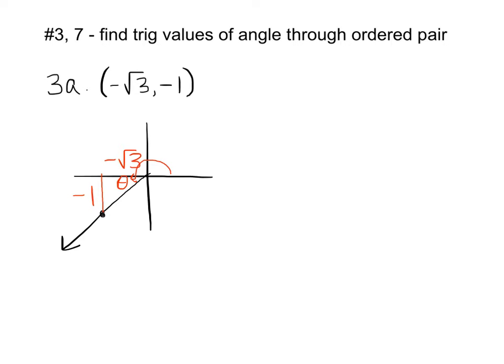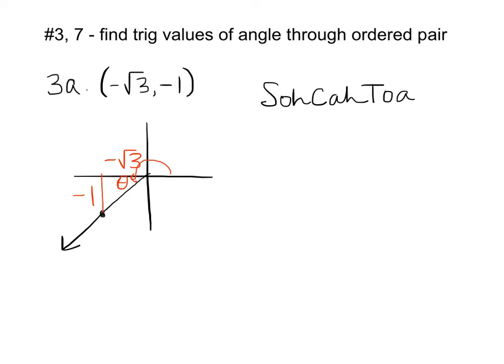Now, unless you're using the unit circle, we're going to have to use SOHCAHTOA to help us find our trig values. So let's write out our SOHCAHTOA. Okay, and again, we're referencing our reference angle. That is the angle that we'll be working from. So the first thing I want to do is find the hypotenuse.